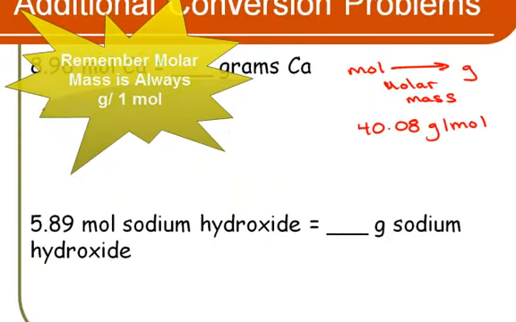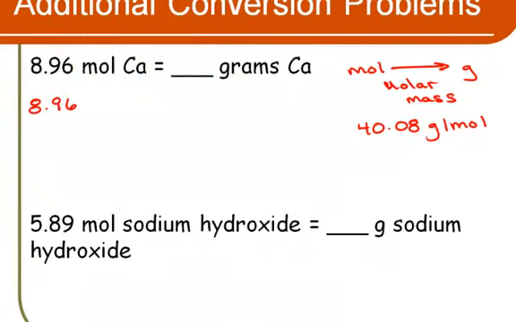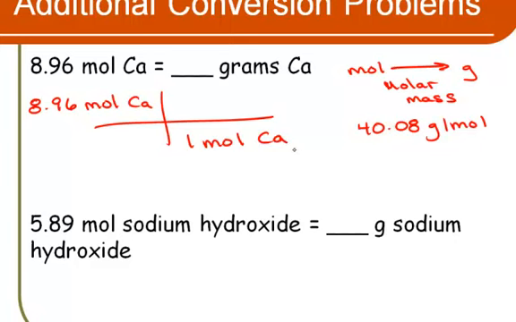So we set up our problem, 8.96 moles of calcium. This time I want moles to cancel out, so I'm going to put my 1 mole on the bottom. I'll put 40.08 grams of calcium on the top.